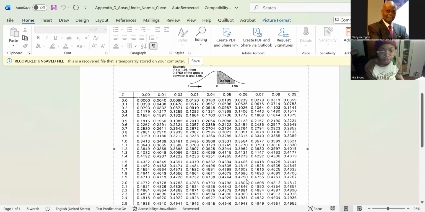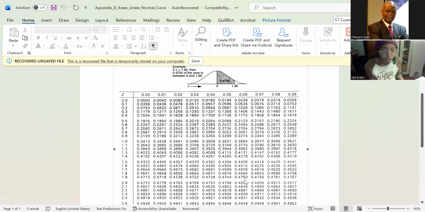Remember, you're looking at 0.475 because if you take away 0.025 from 0.5, you get 0.475.